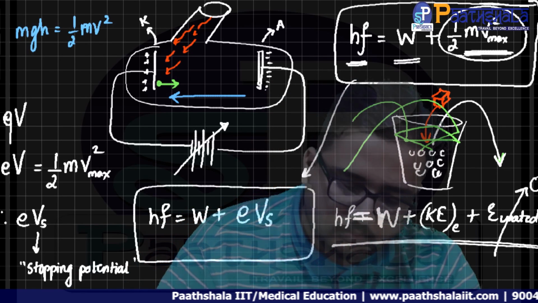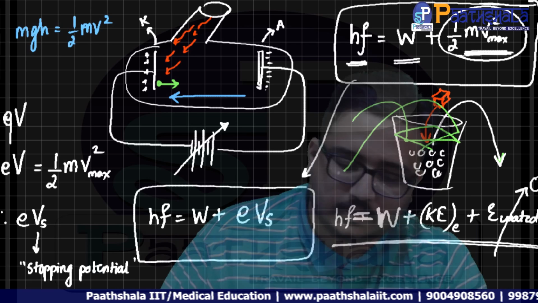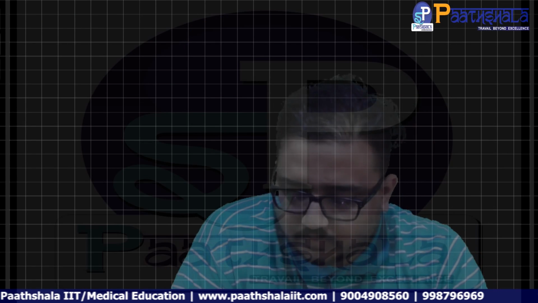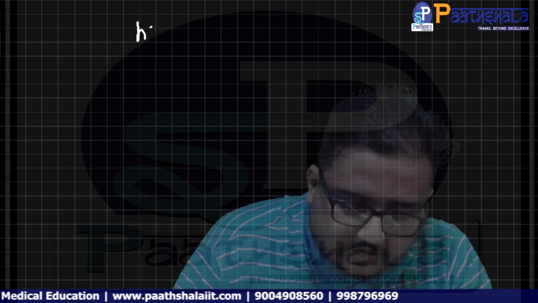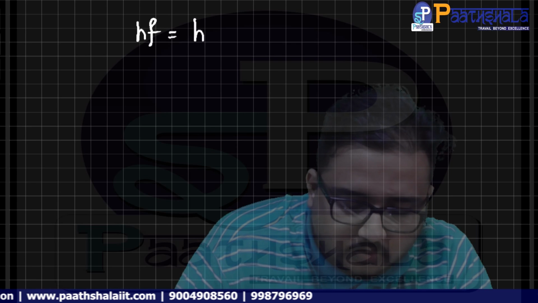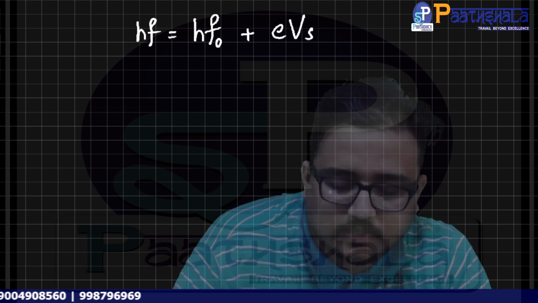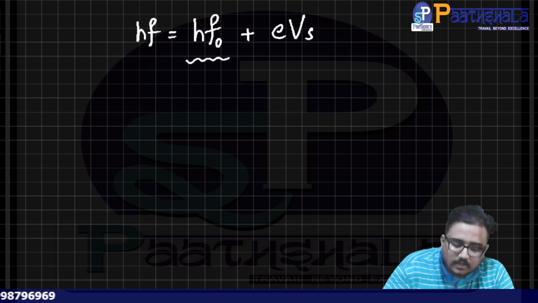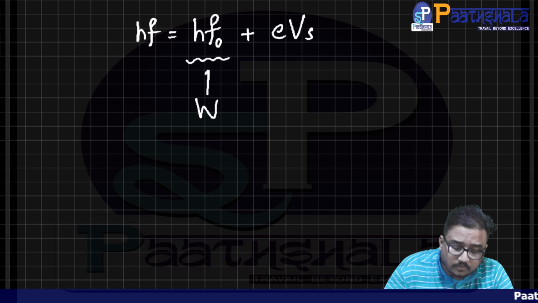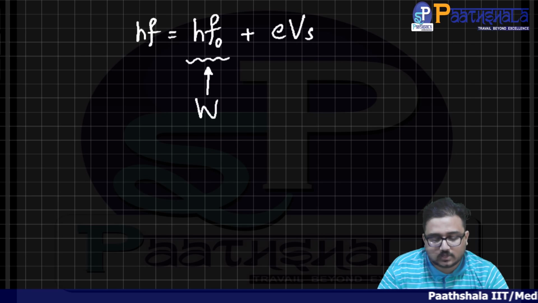Alright, moving on to the next page. This is called Einstein's photoelectric equation: HF is equal to HF naught plus E times Vs. You can see that here I have replaced W with HF naught.